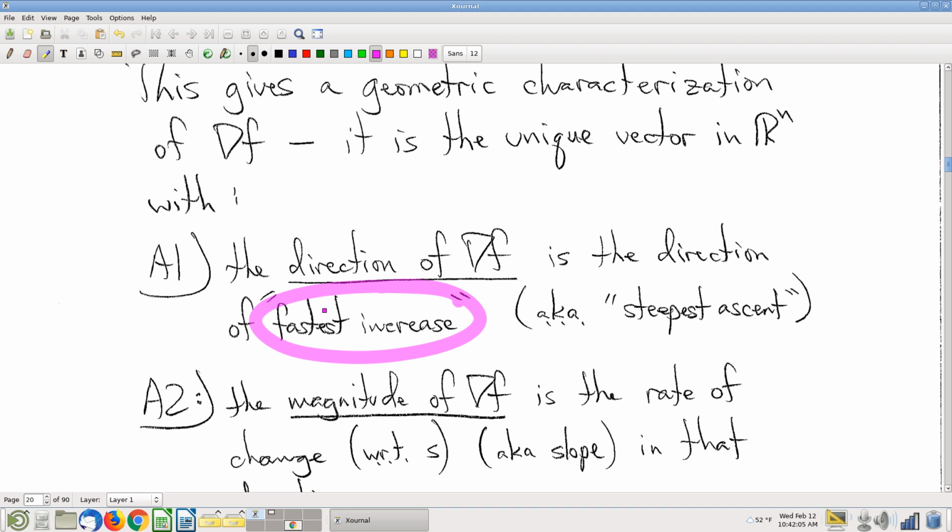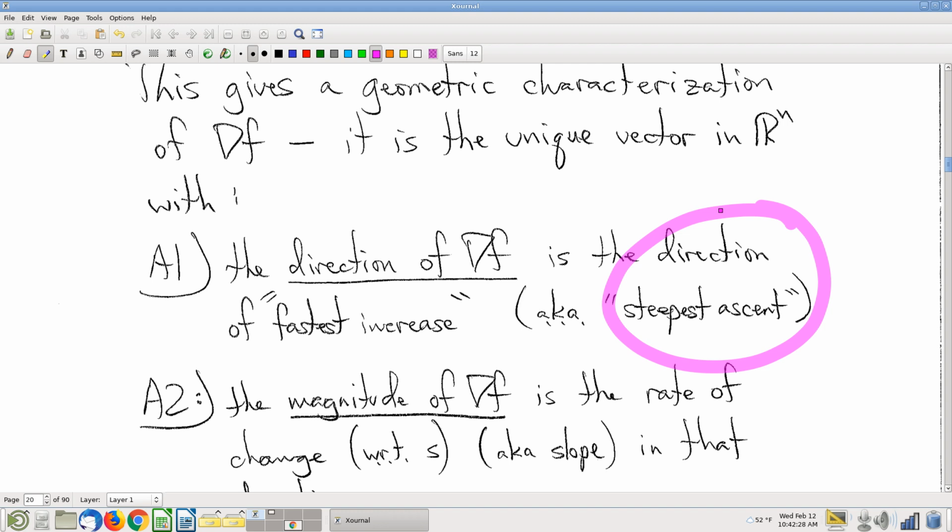And so let me point out, yes, it is true. If you are looking at a graph, then the value of the function is up. That means you're going up on the graph as fast as possible. And so sometimes they call this the direction of steepest ascent.